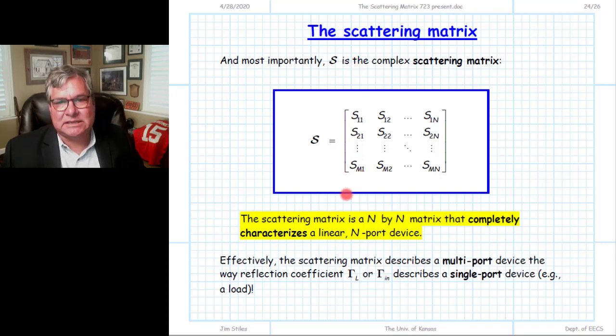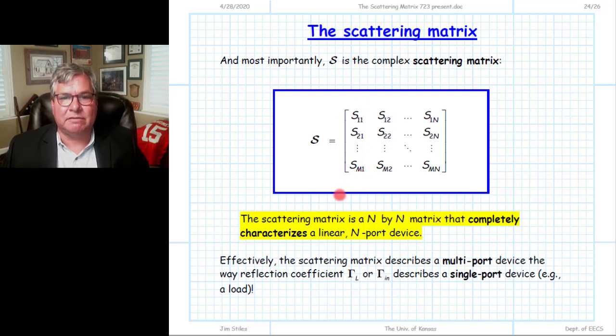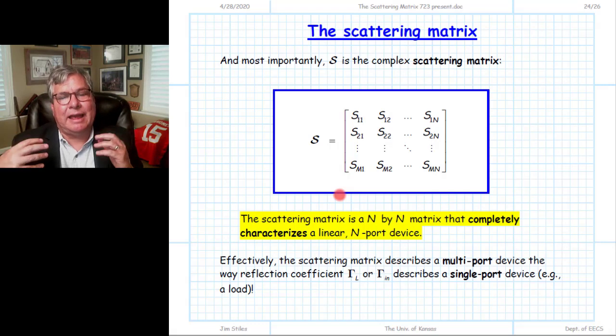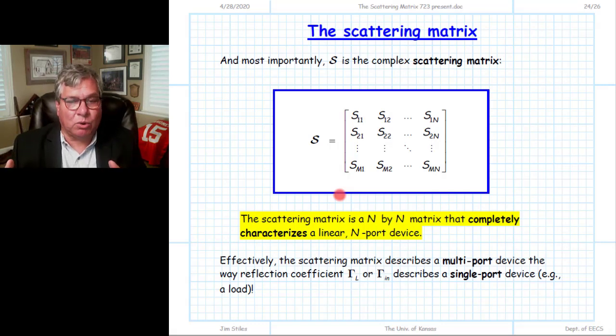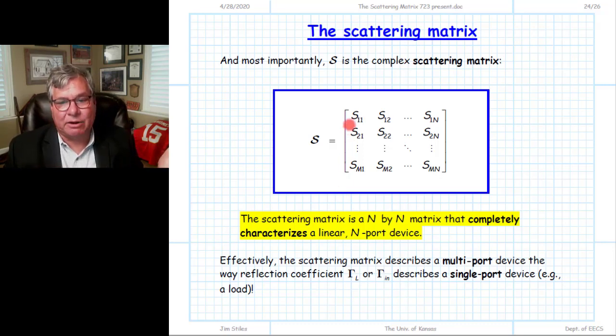This first column essentially is the result of our evaluation, our experiment, if you will. Remember, to determine the scattering parameters, we had to put an incident wave on port 1 and port 1 only. We put an incident wave on port 1, and we saw what scattered out of port 1, and what scattered out of port 2, and what scattered out of port 3 and port 4. From those, we were able to determine the scattering parameters by a ratio: S11, S21, S31, and S41.